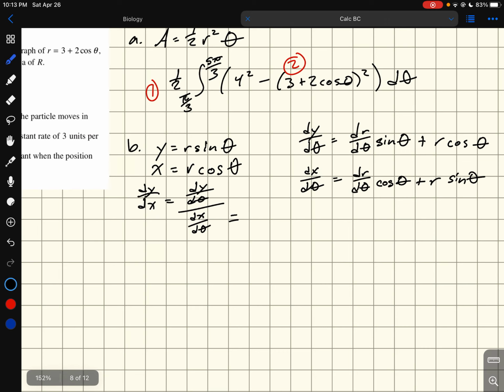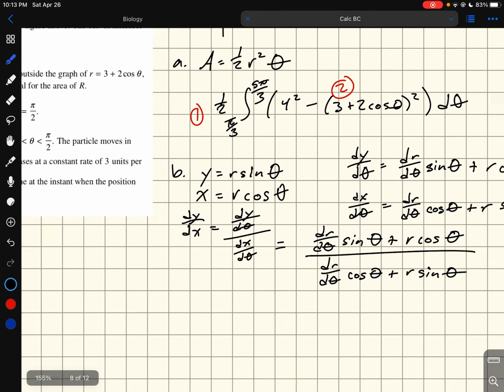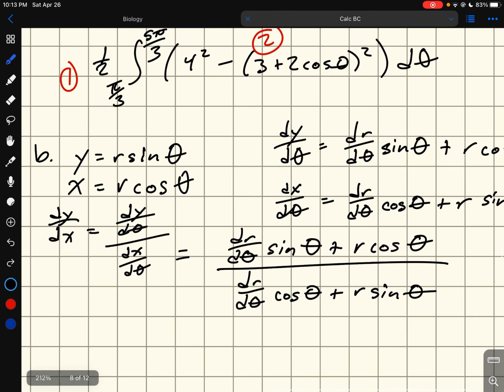Okay, and now we're going to put them on top of each other. So dr d theta sine of theta plus r cosine theta over dr d theta cosine theta plus r sine of theta.